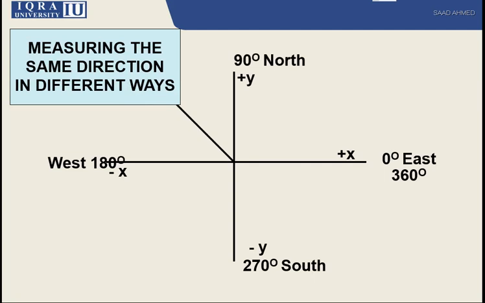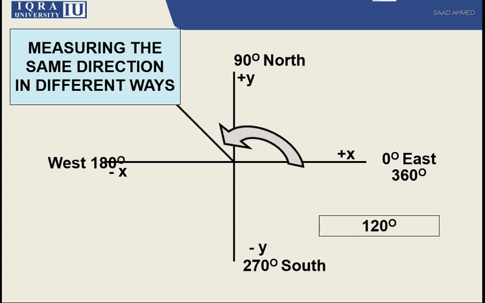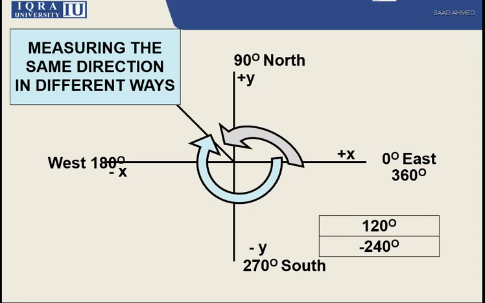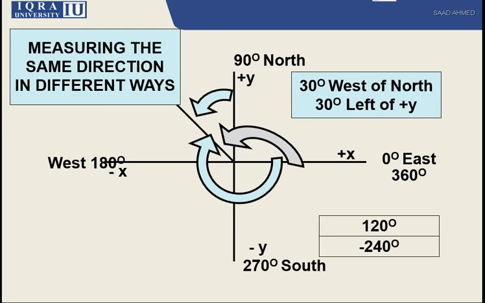Measuring the same direction in different ways. If it is on the northwest, that is quadrant 2, it is 120 degrees. Quadrant 3, from the other side, is minus 240 degrees. West of north, 30 left of the y. This is 30 left of the y, because this is on the left hand side.